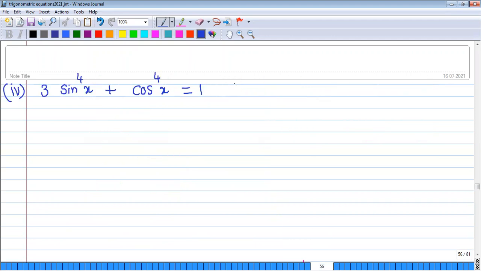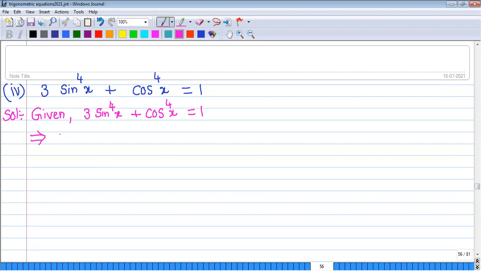Now this cos x to the power of 4, you can write as cos square x whole square. Instead of cos square x, substitute 1 minus sin square x, and in terms of sine, let us express it. Solution: given 3 sin x to the power of 4 plus cos x to the power of 4 equals to 1.